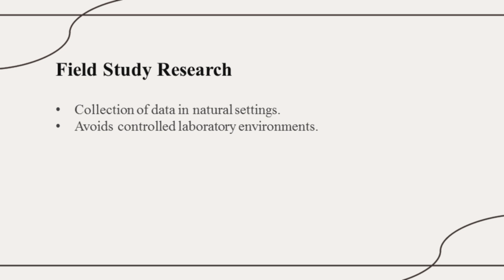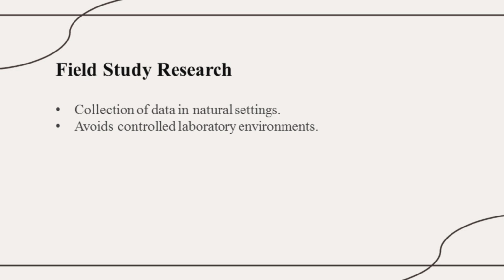Next is laboratory or field type of research. This is collecting data from a natural setting and avoiding any control settings such as labs. Earlier, in the experimental type of setting, we used controlled settings and certain protocols. But in field research, we will be collecting data from natural settings only.